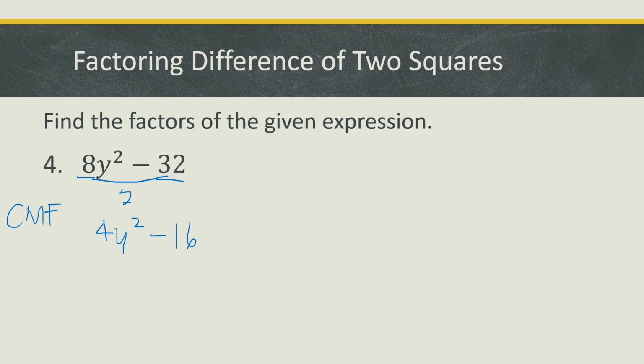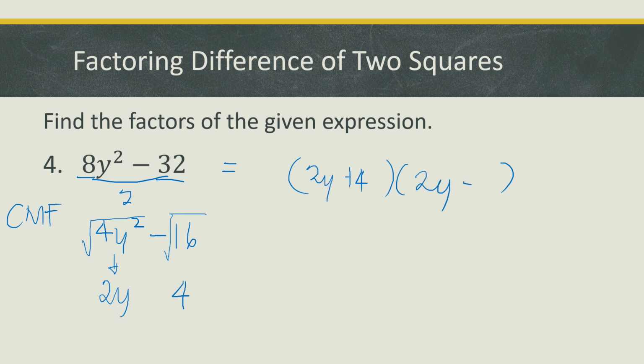So therefore, we will get the square root of 4y squared. That will give us 2y. And the square root of 16 is 4. Therefore, we now have these factors of the difference of two squares, that is 2y plus 4 and 2y minus 4.